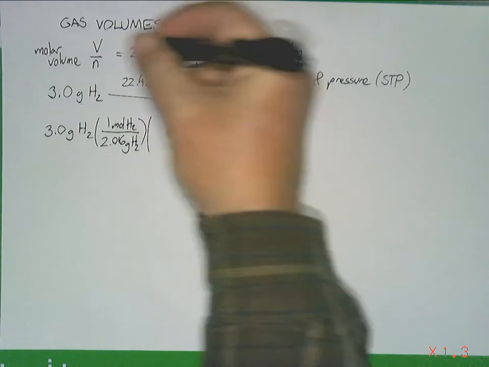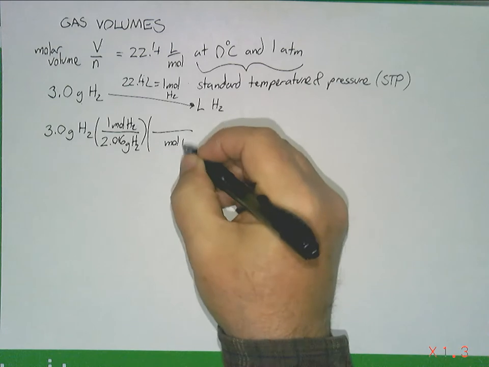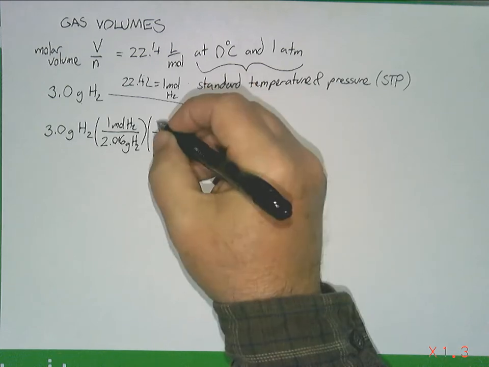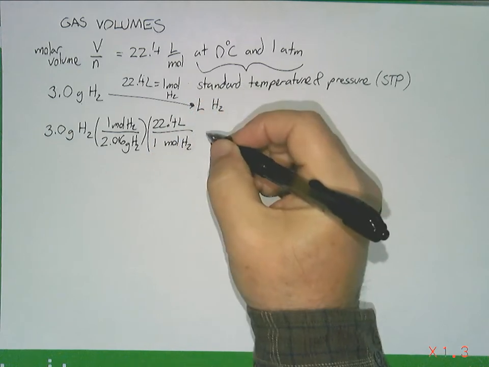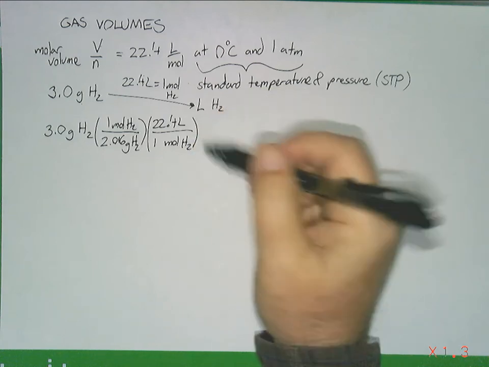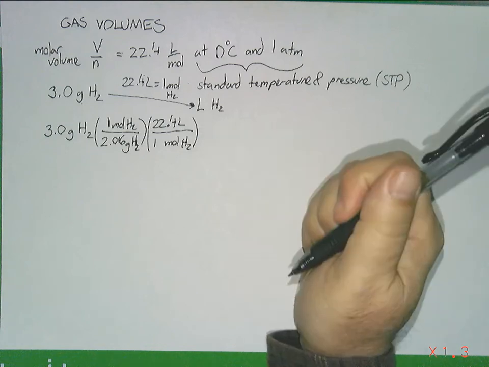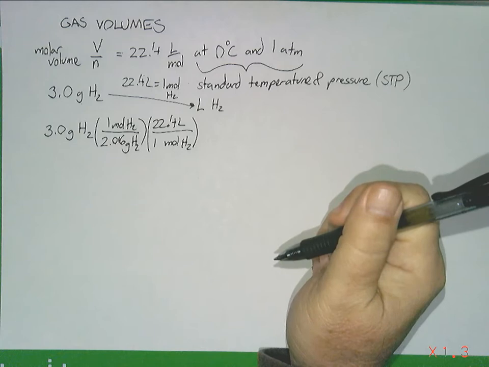And then I can use this as a conversion factor between moles of H2 gas and liters. This happens to be about the volume of a beach ball. So a mole of gas, any gas, occupies about a beach ball worth of volume at STP, at standard temperature and pressure.